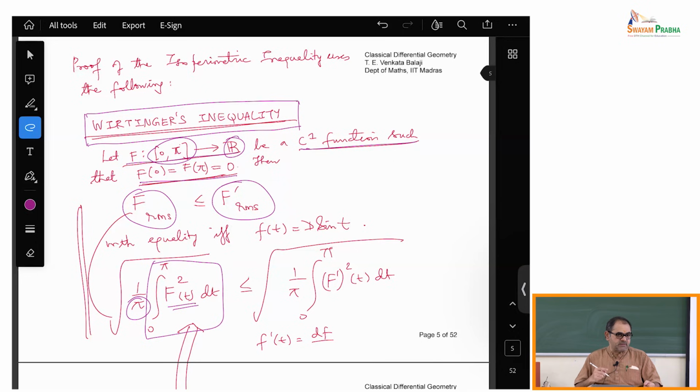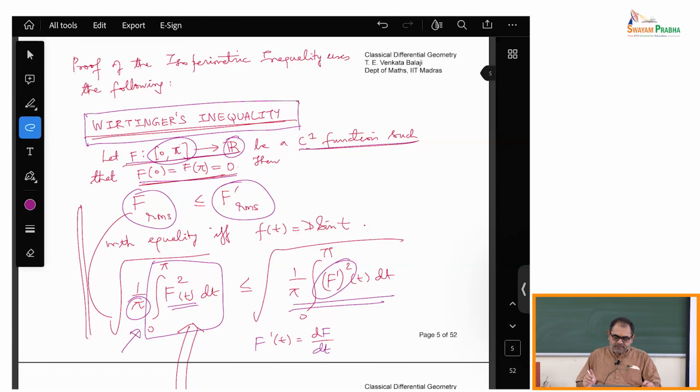In this case, the measure of the interval is its length, it's pi. So this is the mean of the squares, and then you have to take the square root of that. Similarly you have a similar expression on the right side for the derivative. Here capital F dash of t is just dF by dt, the derivative.